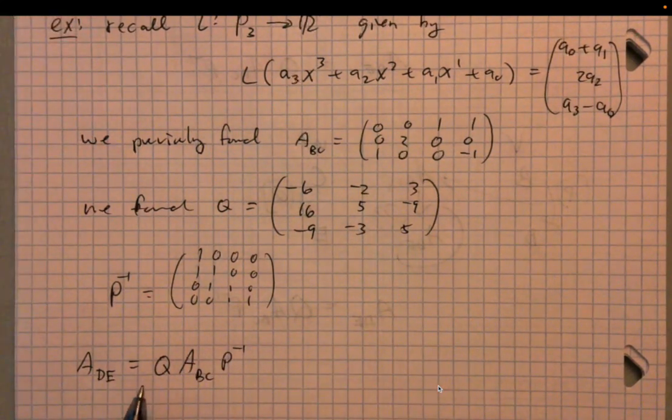Q is the transition matrix that transitions from C to E in the codomain, and P inverse is the inverse of the transition matrix that transitions from B to D, right? So you kind of look up at the top here.